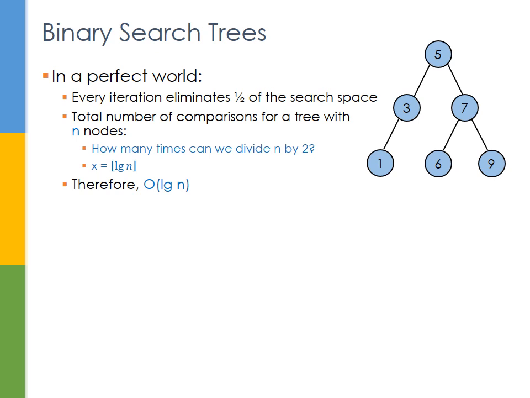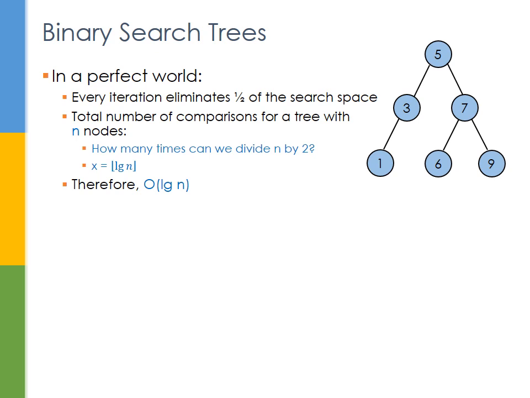So the answer to this is that we simply compute the log base 2 of n and compute the floor of that, and that will then give us the number of times that we can divide our search space by 2. So essentially this will be the number of comparisons that we perform, and therefore the complexity of this well-structured tree is O(log base 2 of n).